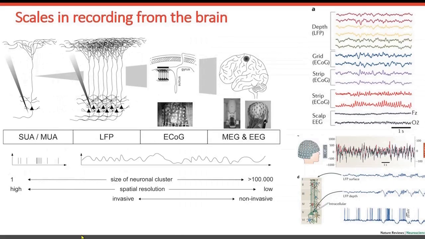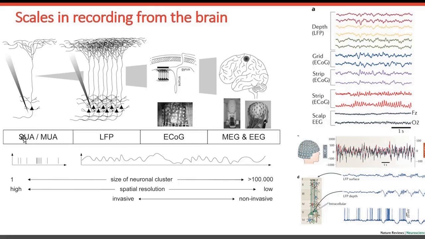So here we have another schematic overview of the recording techniques that can be used for the purpose of building brain-machine interfaces. Here, this represents one single neuron, a bunch of neurons, and the brain activities. This is a gyrus, sulcus, a part of the brain, and MEG.